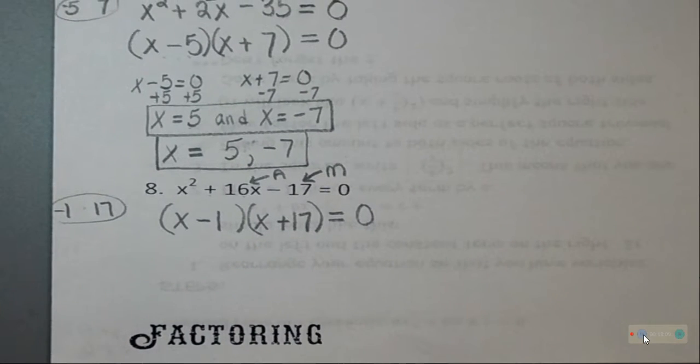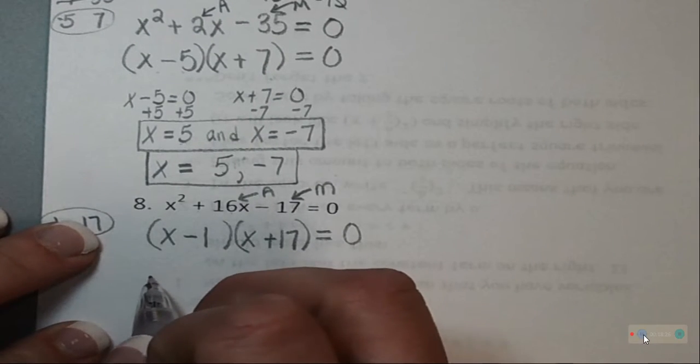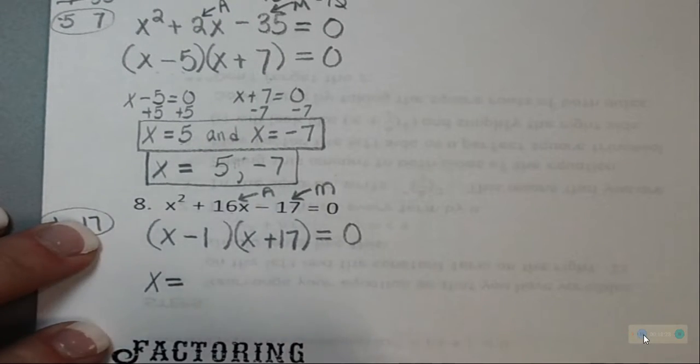Now, a lot of people are going to stop right there and say, I did it, Miss Lusher, I'm done. You're not done solving. When I told you to solve linear equations, it always worked down to be x equals a number. If you are told to solve anything, it's got to be x equals a number. So how do I get my x's right here? I do my opposite. These are my intercepts.